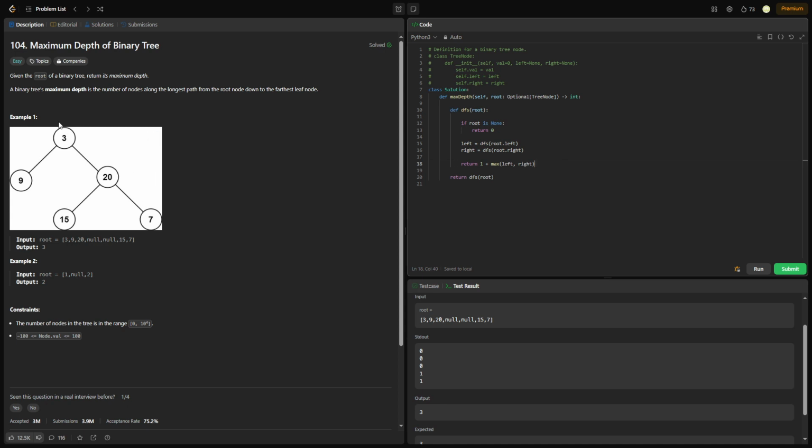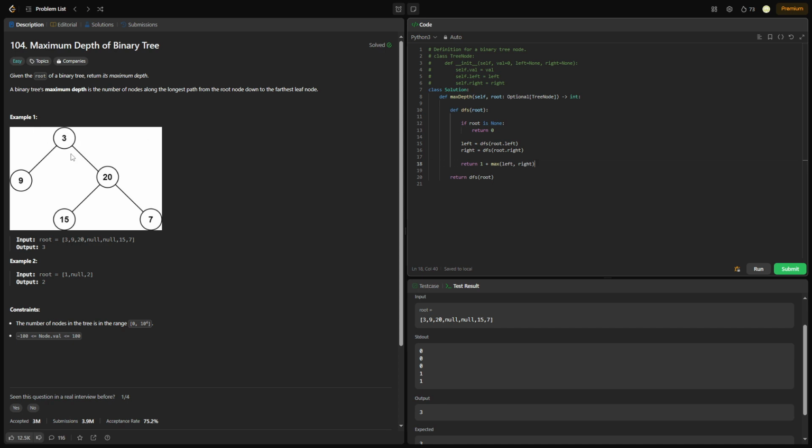Well, when we get to this 3, we really should be returning 1 plus the max of the left and the right. Well, at this 3, we're at this root node, right? We've already done all the child nodes of 3, okay?